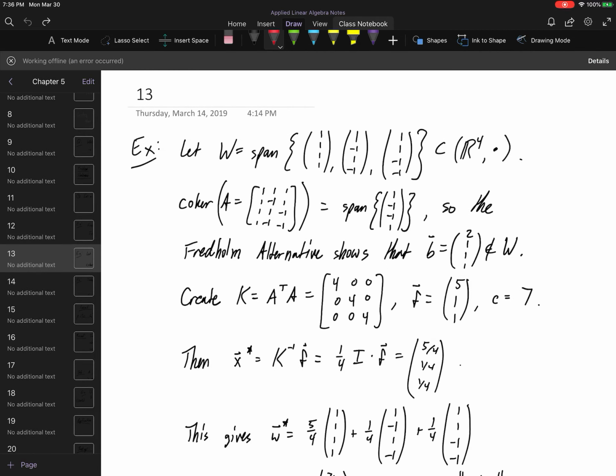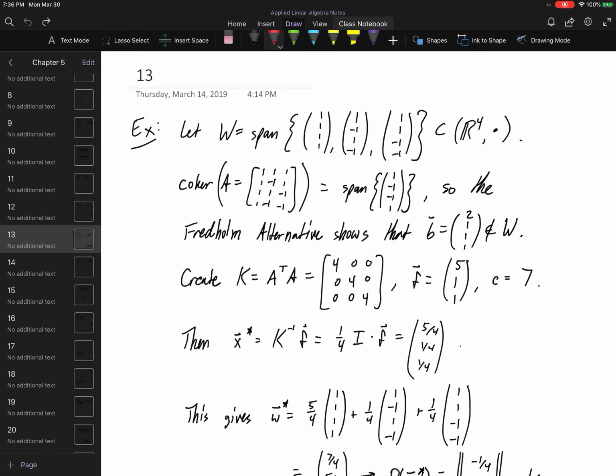Now, if we ask whether some vector B is in this subspace W, then we're really asking, is B in the image of this matrix A down here?